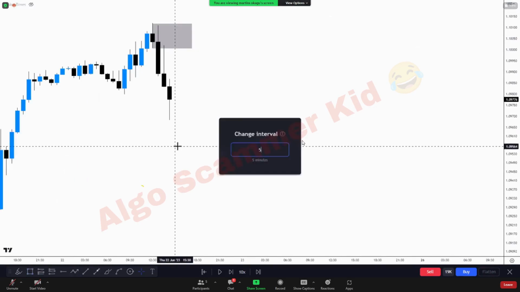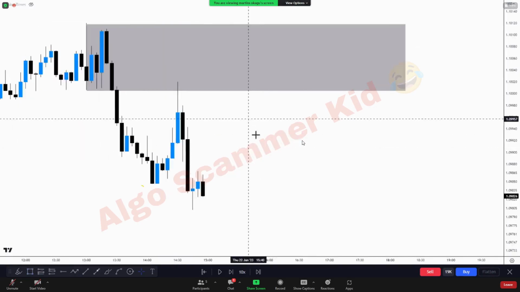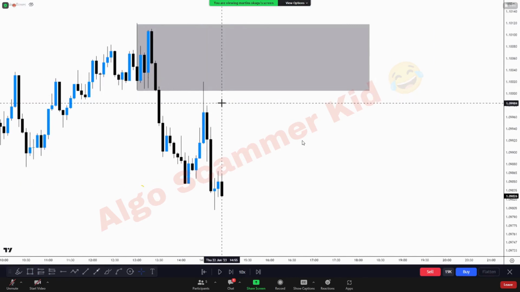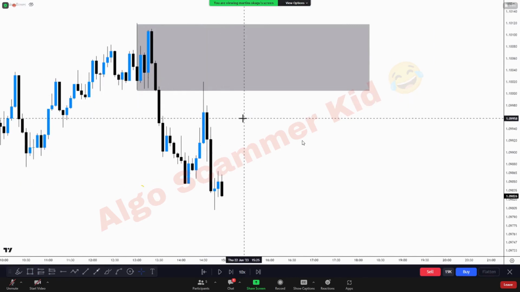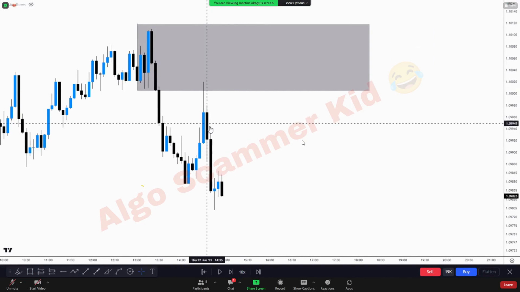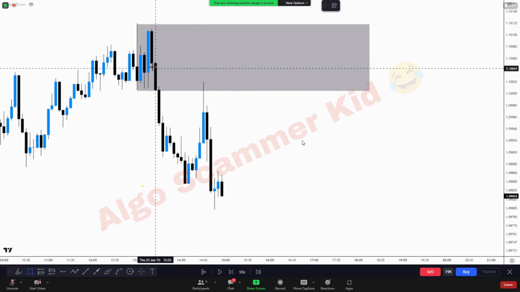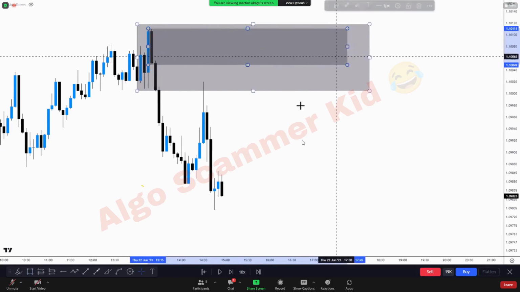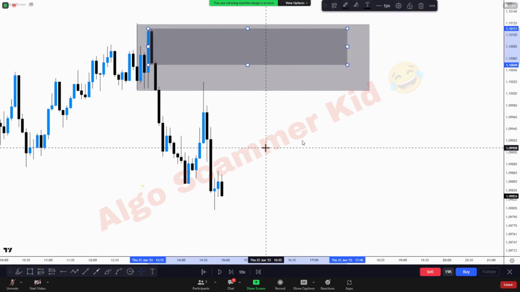So let's assume I'm on the 5 minutes and looking for my POI for this sell. People tend to go to the 15 minutes and mark this out, expecting price to come here. It's good to expect, but it's better to react. Expecting is different from reaction.